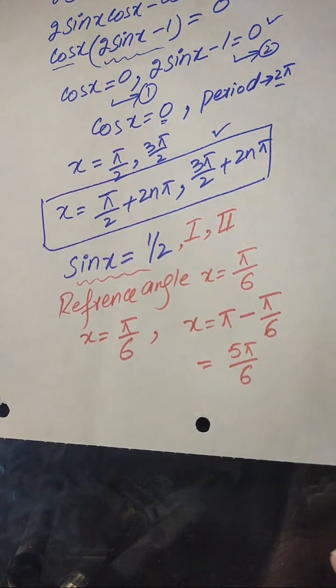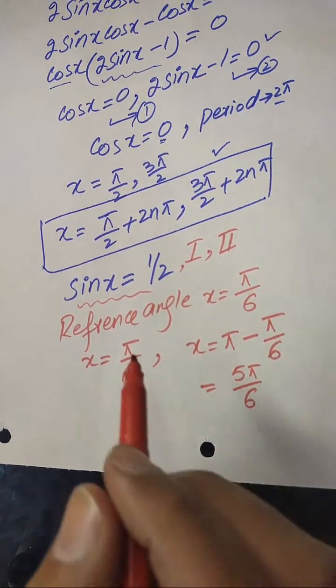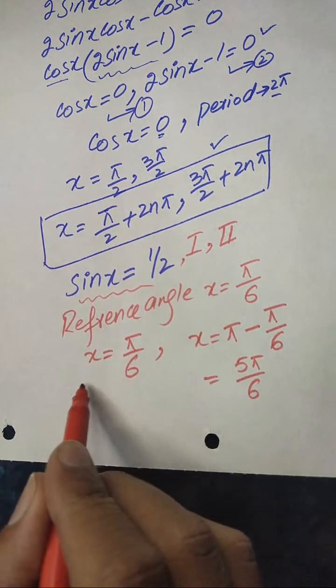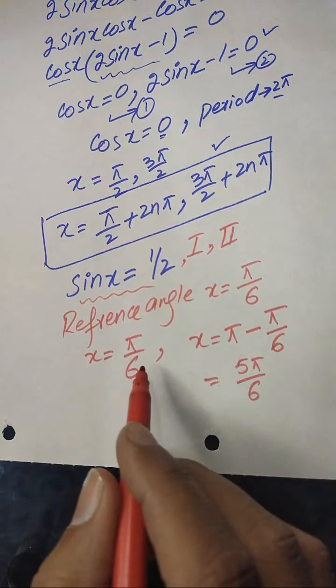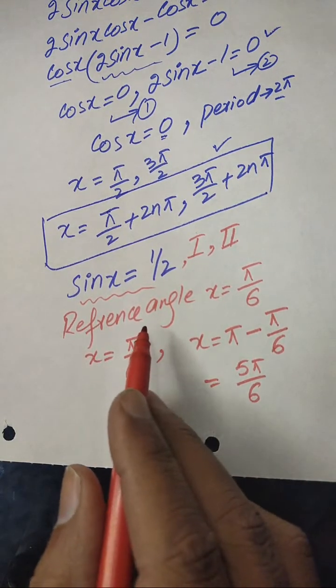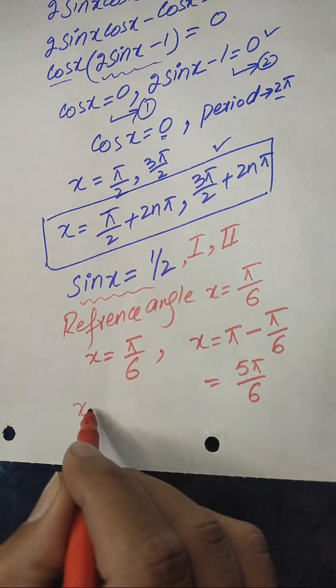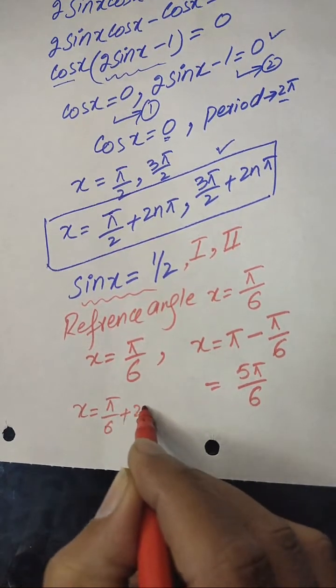And after that we find general values here, so we add the period of sine to both of these values, and we know that the period of sine is also 2 pi. Generally we will write it as 2n pi.